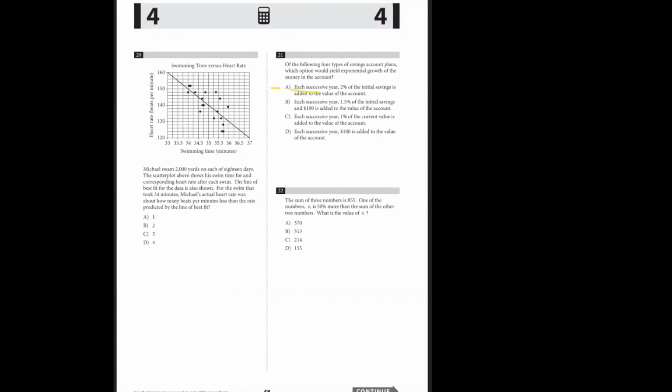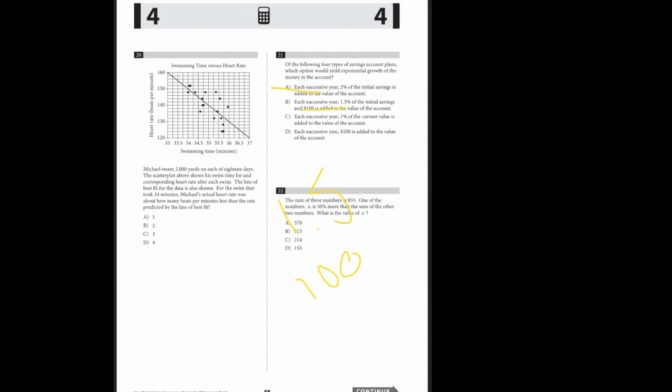Choice B: each successive year, 1.5% of the initial savings and $100 is added to the value of the account. Same thing, it would just be like $1.50 every year. And then of course, adding $100 each year is just adding the same amount. I mean, it is linear, so it can't be exponential. That one would also not be good.